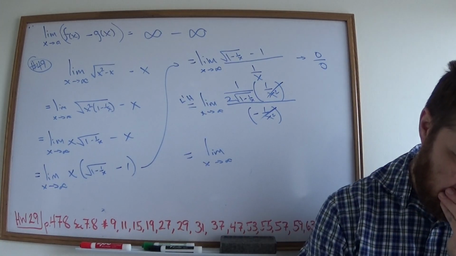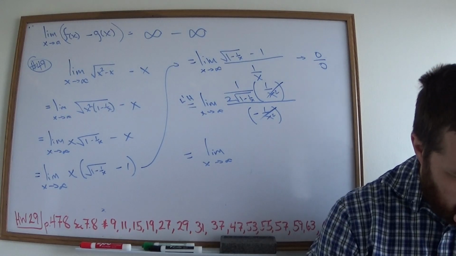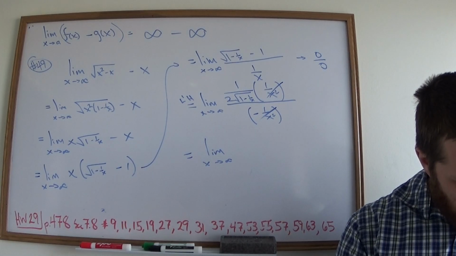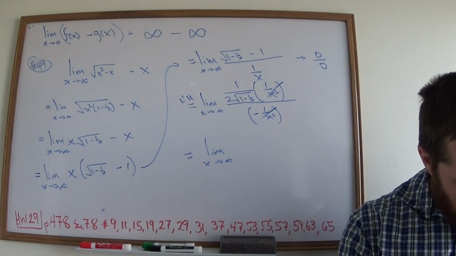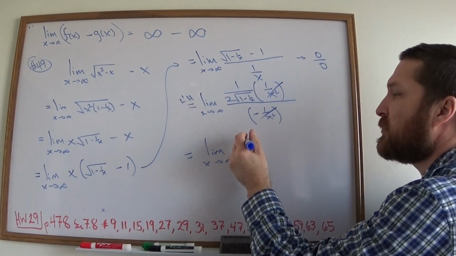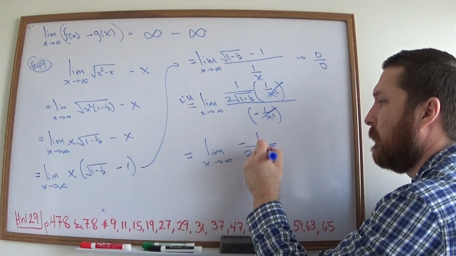Can you pull out the negative? No, there's supposed to be a negative. I did it wrong.